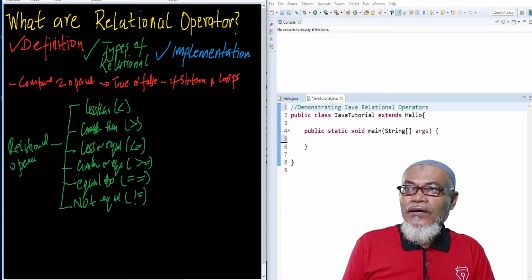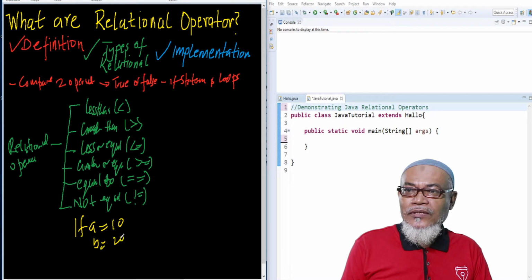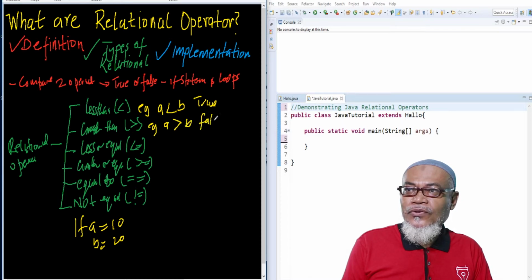The less than relationship is just like the ones in algebra. If we are given A equals 10 and B equals 20, we ask, is A less than B? It is true, so it returns true. Is A greater than B? It is not, so it returns false.